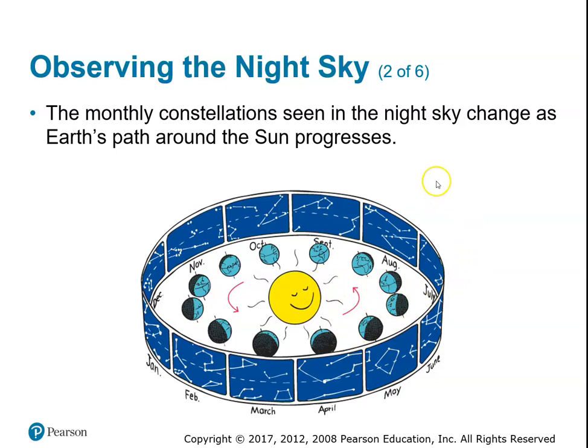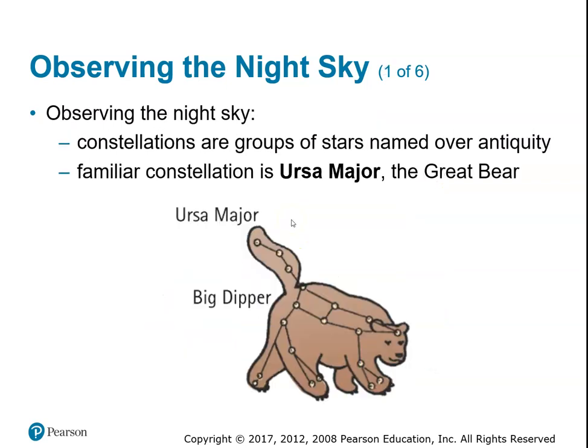All right. So when you look up in the night sky and you see some pattern, there's one particular pattern, that's a constellation. And it's kind of fun going out and identifying the different constellations, but that's not truly astronomy.